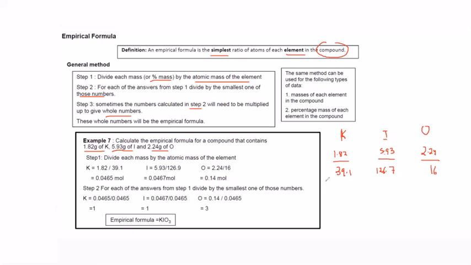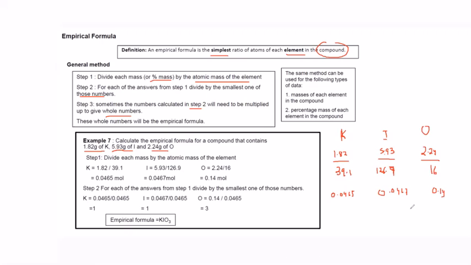When you divide 1.82 by 39.1, that will give you 0.0465. Same thing, 5.93 divided by 126.9, not 7, this was 9, so you will get 0.0467. And 2.24 divided by 16, you will get 0.14.